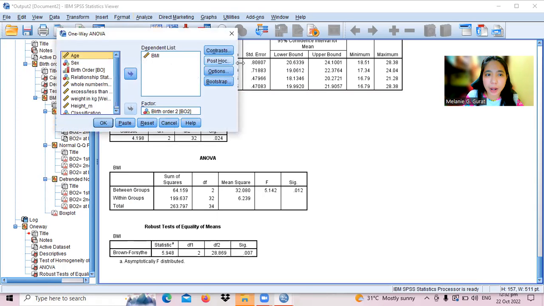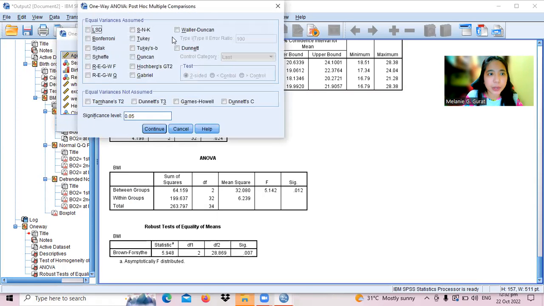And in the post hoc, you can find tests for equal variances assumed and tests for equal variances not assumed. Remember that the result that we reported is Brown-Forsythe because equal variances are not assumed. So we have here several tests that we can choose from: Tamhane, Dunnett T3, Games-Howell, or Dunnett C. We can actually check all of these, but you are of course just required to choose one.